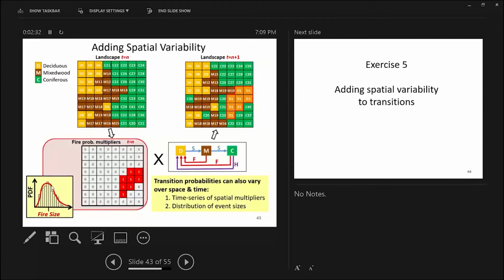And the other is what we showed yesterday in the exercise, where you can characterize the distribution of fire sizes and have STSIM sample from that and put them down randomly on your landscape. But these are the two alternative ways of doing patterns, and in this exercise we're going to look at this second way, which has more control, the one using spatial multipliers.